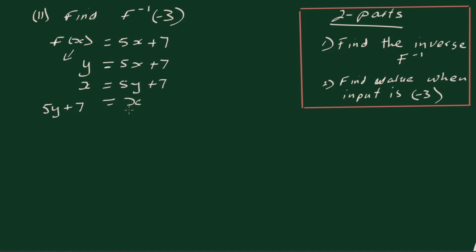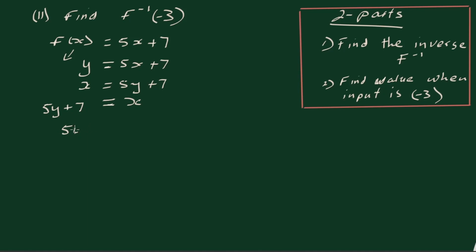Again, when I flip the equation like this, nothing changes, right? The equation remains exactly the same. The benefit of this is that we will have our y, or the subject of the formula, on the left-hand side. So now I need to get rid of the 7 and the 5 here.